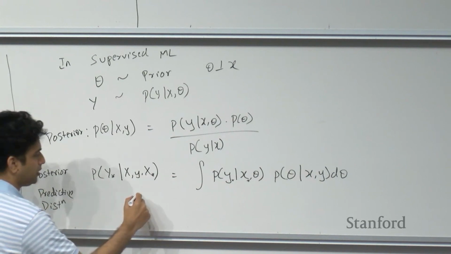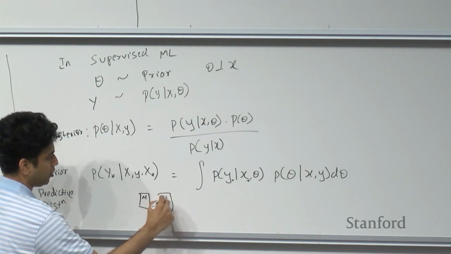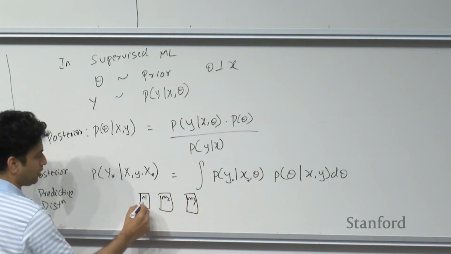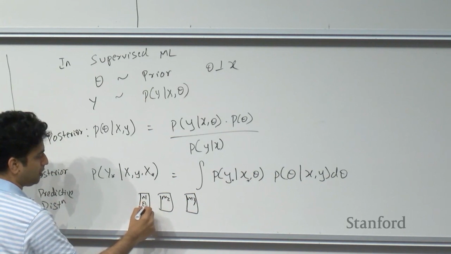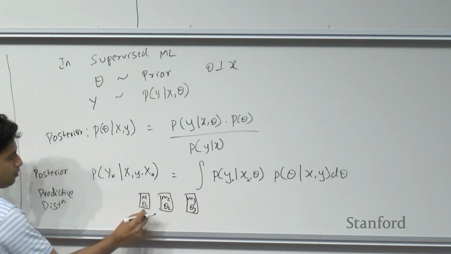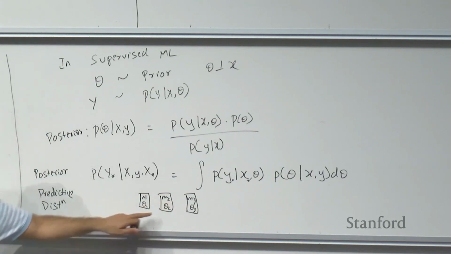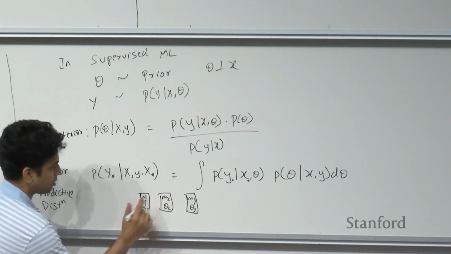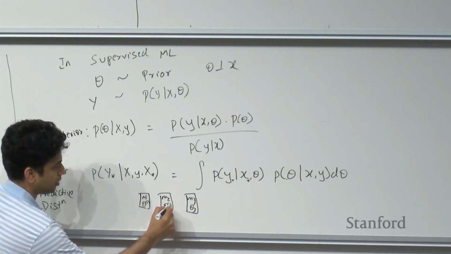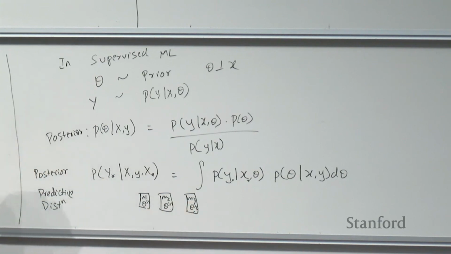So let's say this is model 1, model 2, model 3, and model 1 corresponds to some theta 1, theta 2, theta 3. But theta 1, theta 2, theta 3 is a full vector. So maybe let's call it theta superscript 1 to indicate that it's a full vector, theta superscript 2, theta superscript 3.